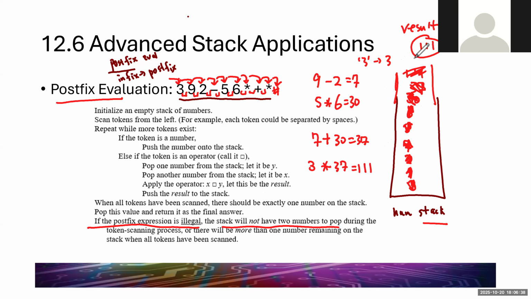The second scenario is when you reach the end of the expression: after you pop the last number out, the stack should be empty. If there is more than one number remaining on the stack when the scan ends, that also means the postfix expression itself is wrong. This is regarding postfix expression evaluation.